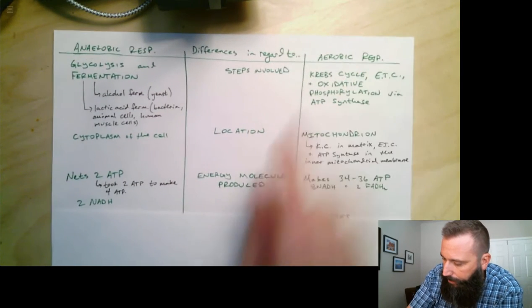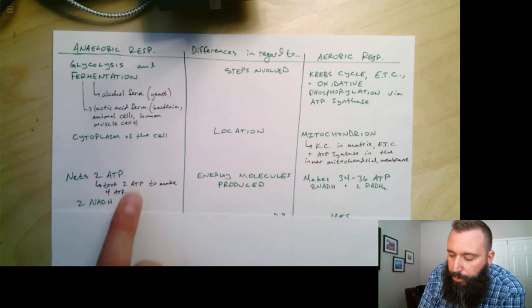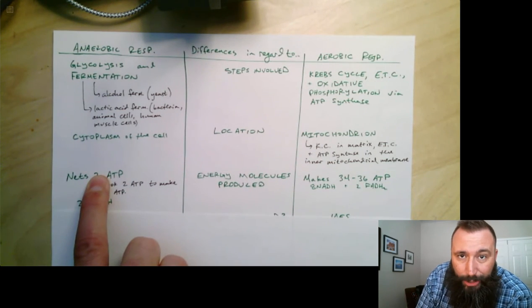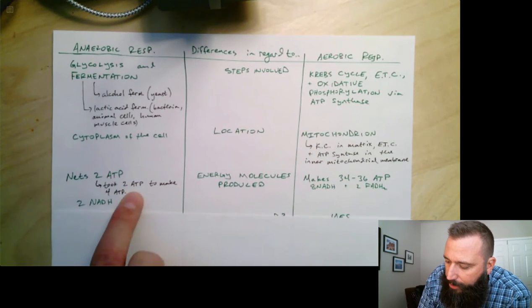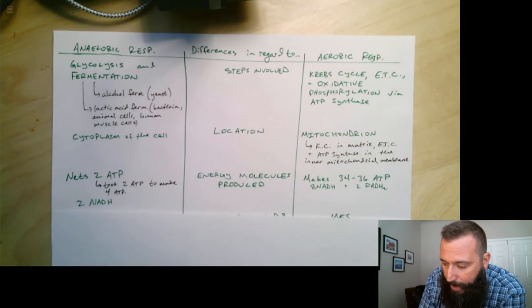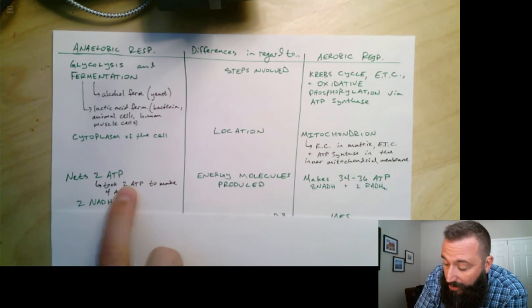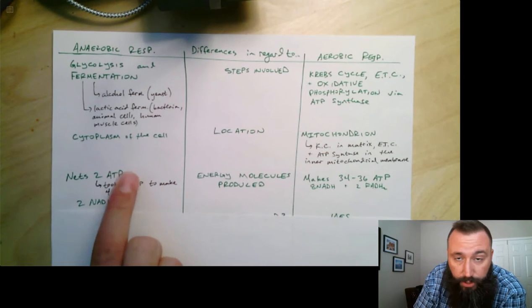Another difference in regard to, how about the energy molecules produced? Anaerobic respiration does not oxidize glucose as efficiently as aerobic respiration. Anaerobic respiration takes an initial investment of 2 ATP molecules to make 4 ATP. Since it took 2 ATP to make 4, we say that it nets 2 ATP molecules.